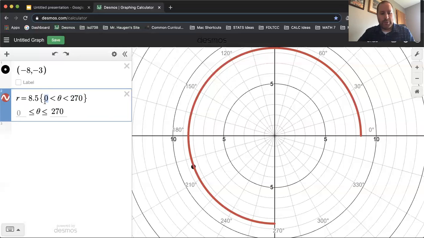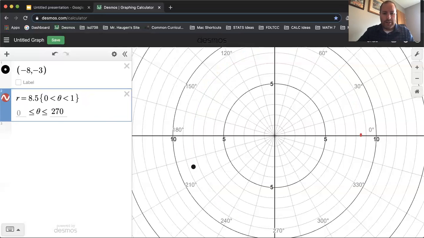If you wanted to do other stuff, like we could go from 30 to 270, but I want it to start in standard form, so I'm going to go from 0. And it's got to be somewhere in between 210 and 195. Now I could sit here and kind of guess, like maybe it's 190. Oh no, maybe it's 200. Oh, 200, pretty close, right? Now, if I didn't want to guess, I could always put a slider in here.